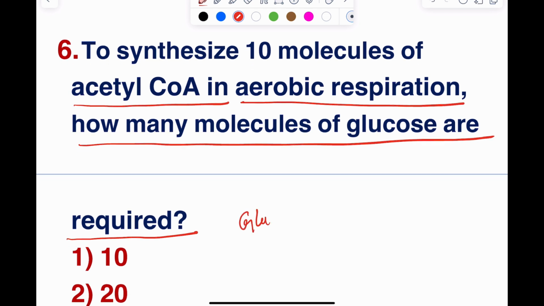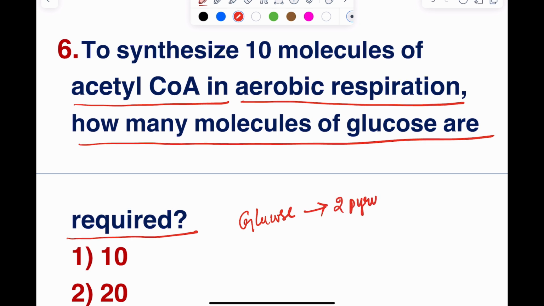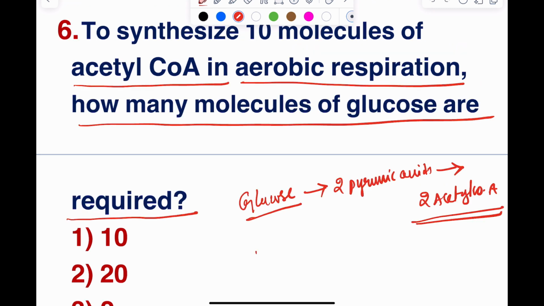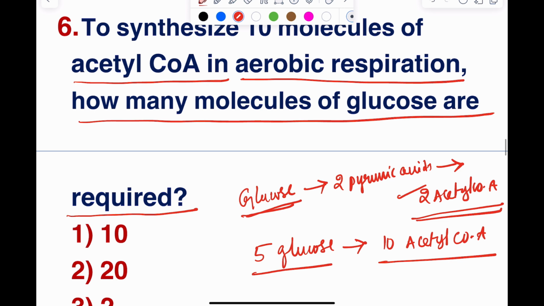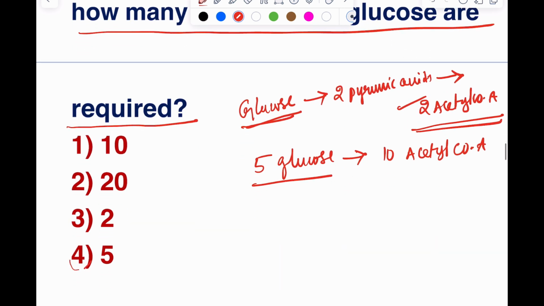One glucose molecule gives rise to 2 pyruvic acids. 2 pyruvic acid is converted into 2 acetyl coenzyme A. 5 glucose molecules are required for production of 10 acetyl coenzyme A. Answer will be 5.